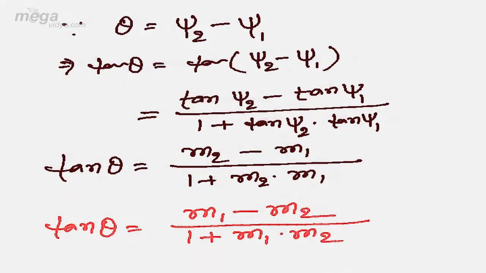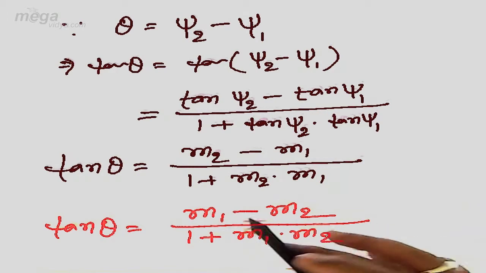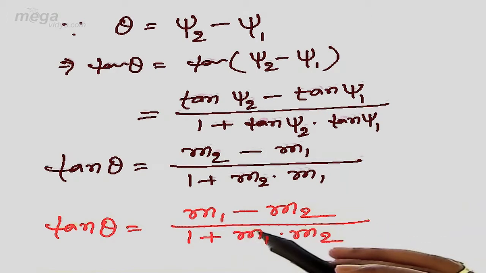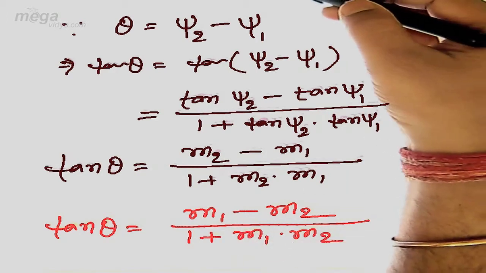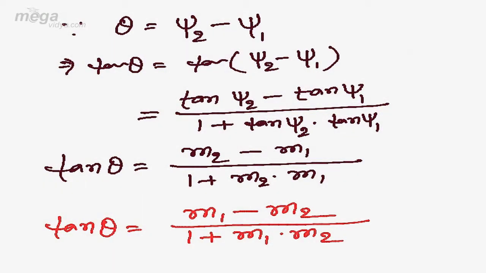It means in one situation you will get a positive value, and in the second situation you will get a negative value.